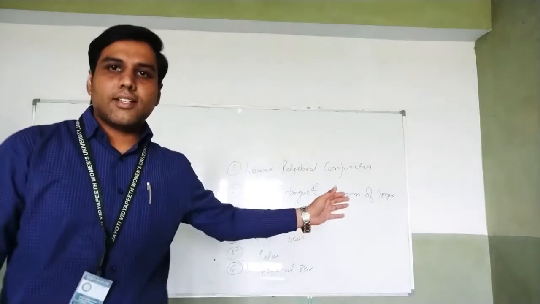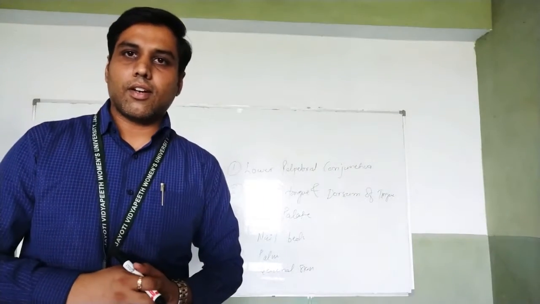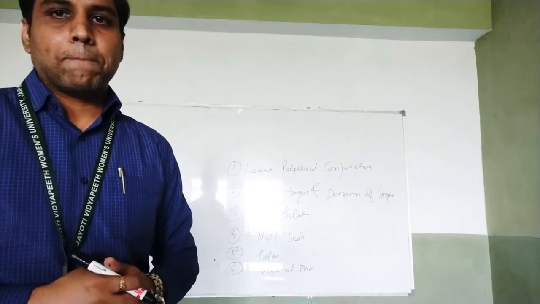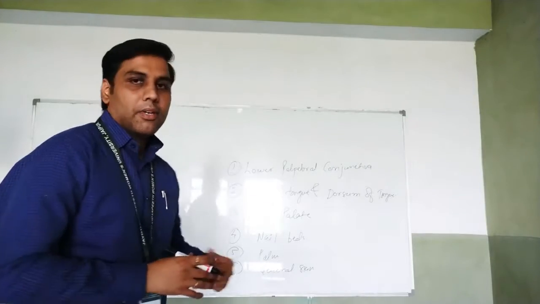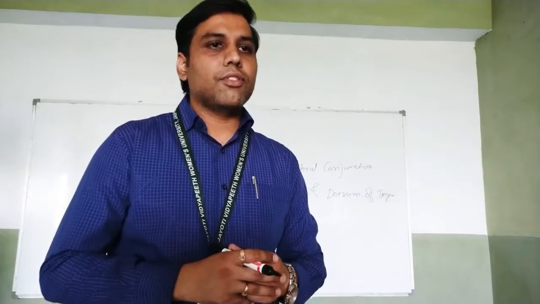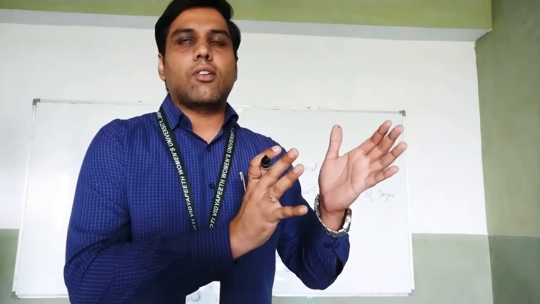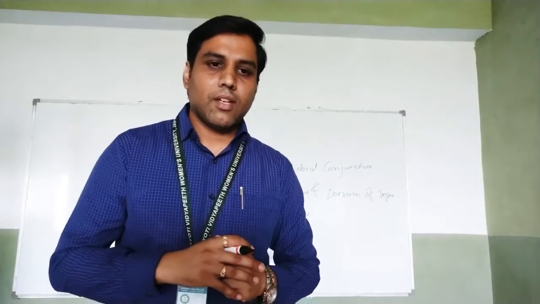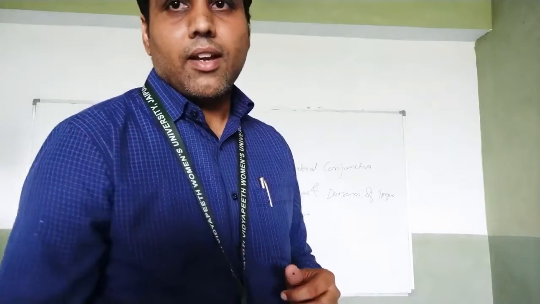So these are the 6 parts of our body where we have to identify the pallor. The first is lower palpebral conjunctiva. I am going to show you how we should check it and what we should look for. What is the technique of examining the lower palpebral conjunctiva?